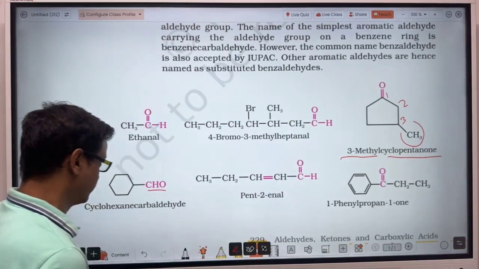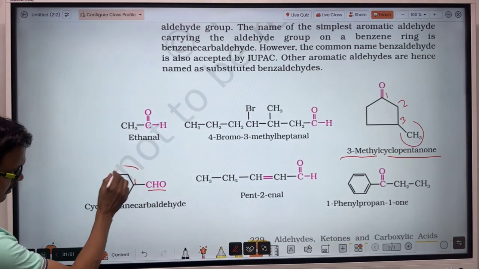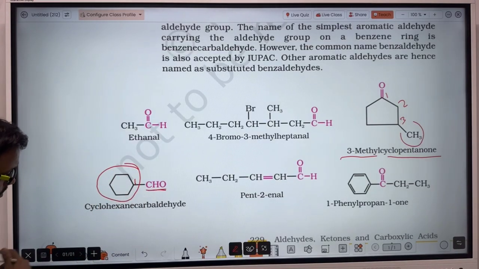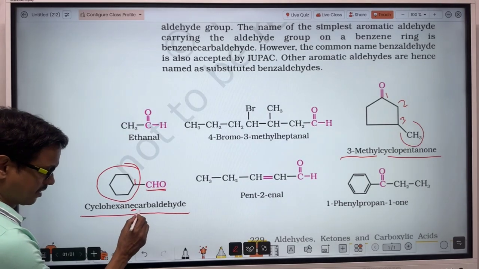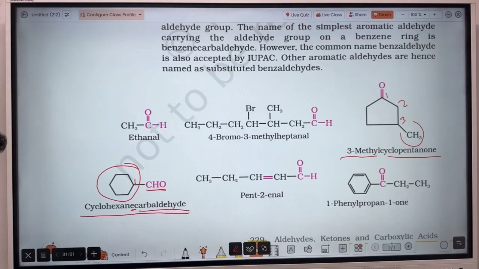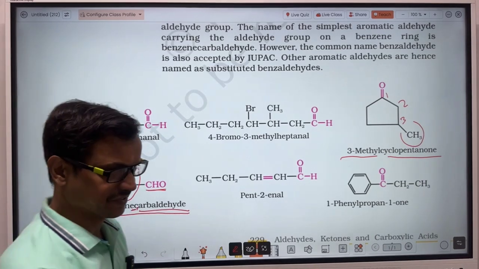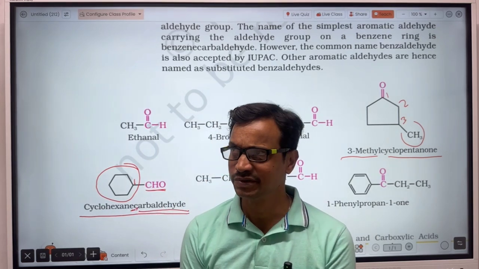So this will be the first position carbon atom, with no substituent here. It is simple: this is cyclohexane, and here CHO is carbaldehyde, so cyclohexanecarbaldehyde. The letter e is retained here because in carbaldehyde the first letter, C, is not a vowel.